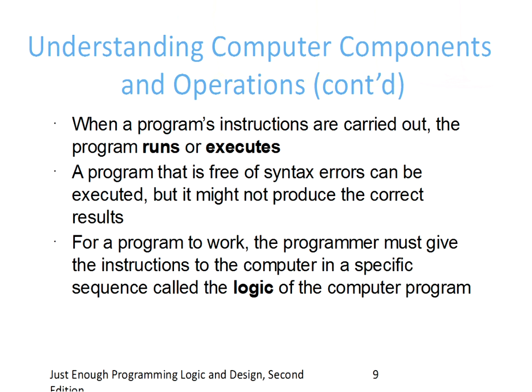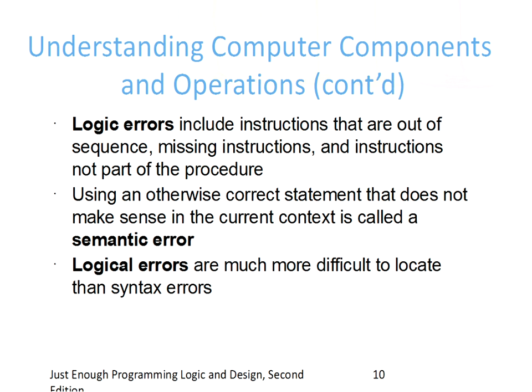But when your program runs, you don't know if it's correct until you test it with different values and see, do I get the right results? And that's also what your next homework assignment is about. What are the proper values to send to the program in order to test the program for proper operation, in order to find logical errors?